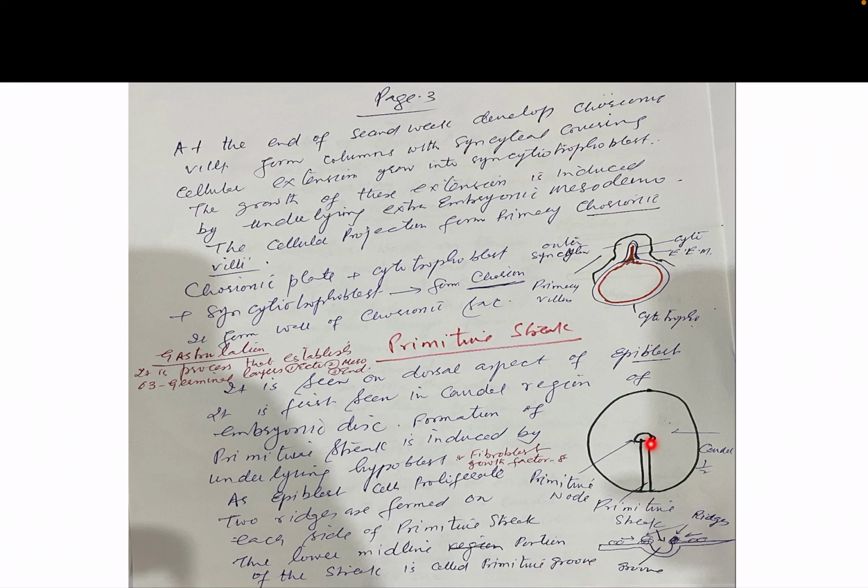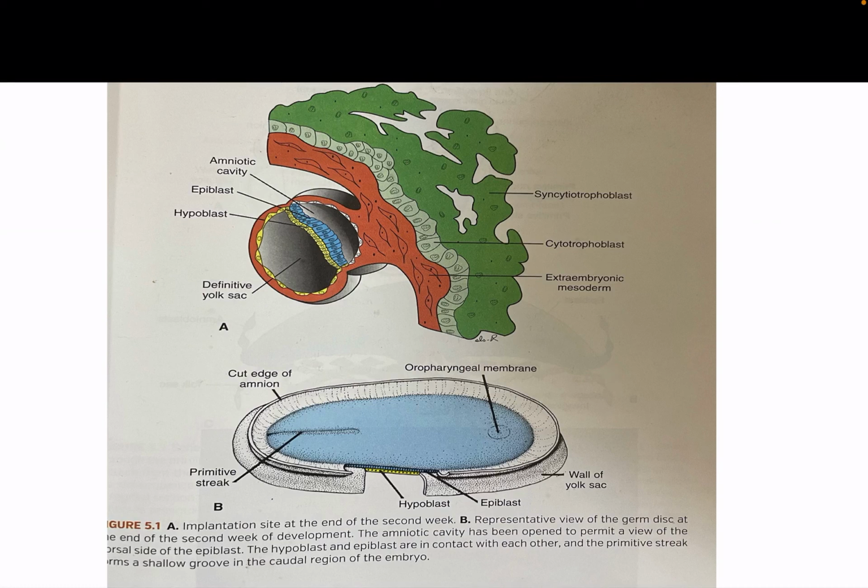As I told you, there are two linear bundles of cells collected here, so automatically in the center the groove appears, and the name given is primitive groove. Here it is shown that in the cranial lobe there is no streak, but in the caudal lobe the primitive streak is formed.